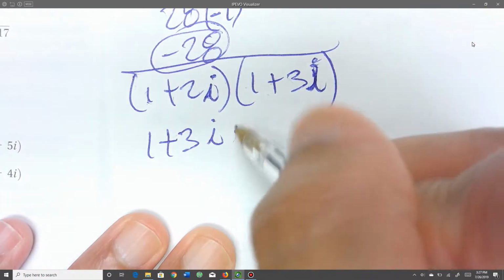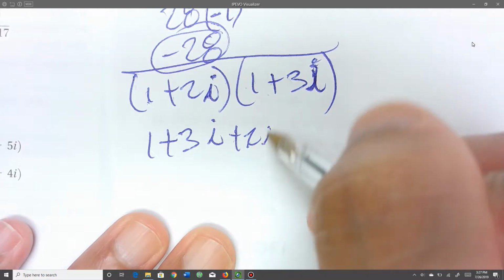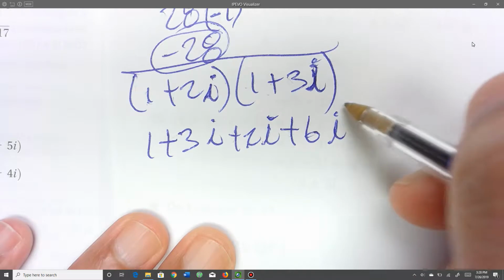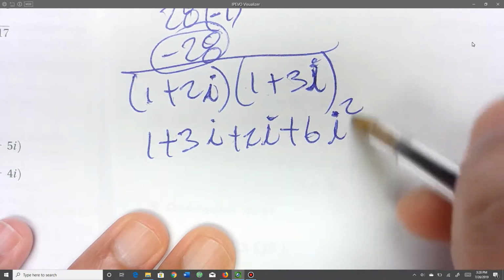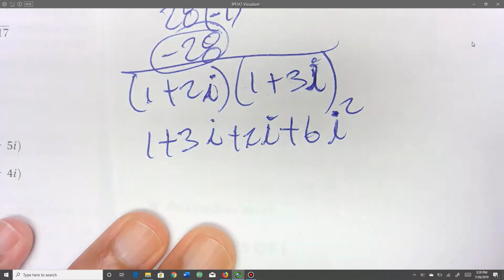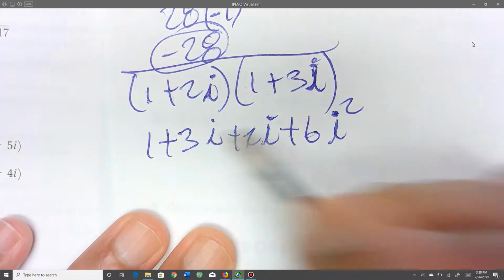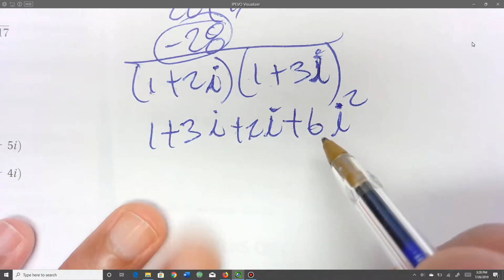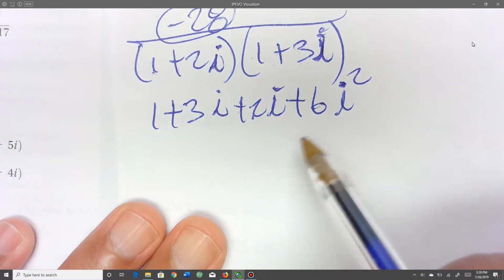So that's positive 2i times 1 is 2i. Positive 2i times positive 3i is positive 6i squared. See, right there, that just happened, that i squared, and I know that it changed there, so I'm aware of that, so that's good. However, let's see if it doesn't change. Hold on, because I might need to factor. Let's see what happens here.